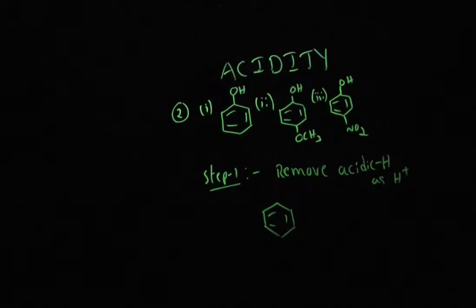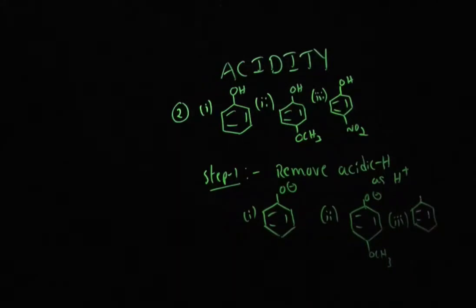As a result, you are going to get O- in the first option. In the second option again you get O-. The third option again becomes O-. So this is all about step 1: remove the acidic hydrogen as H+.